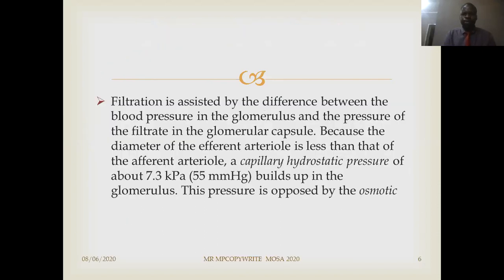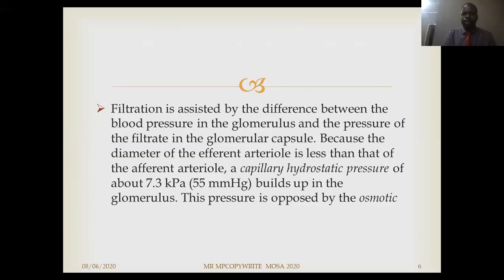Filtration is assisted by the difference between the pressure in the glomerulus and the pressure of the filtrate in the glomerular capsule, because the diameter of the afferent arteriole is greater than that of the efferent arteriole.